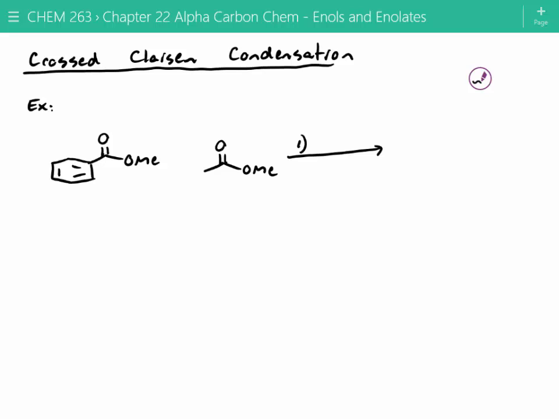What base would we need? Yeah, sodium methoxide instead of ethoxide in this case. And then the second step that's also very important, we need to have our protonation step. So I want you guys to predict what the product would look like out of this.